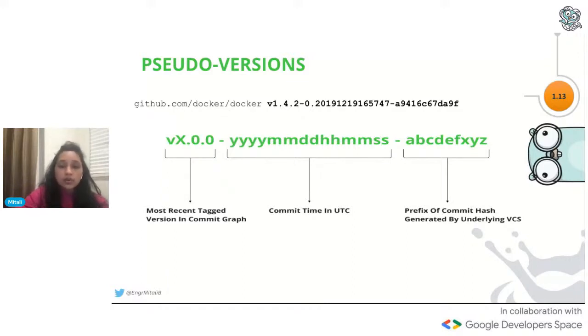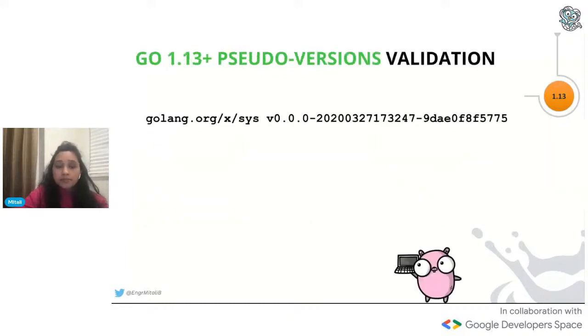Which particular pseudo version is the latest one can only be told by the timestamp. So if we change this timestamp, it again changes the whole ordering of the system. Because of all these problems, in Go 1.13 some restrictions have been put in place.